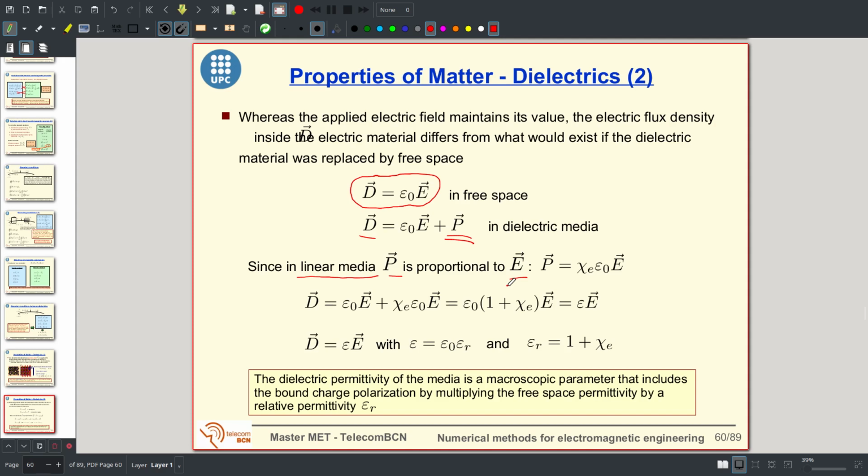Okay, so this is in fact the definition of a linear medium: the polarization vector is proportional to the total electric field in the medium.